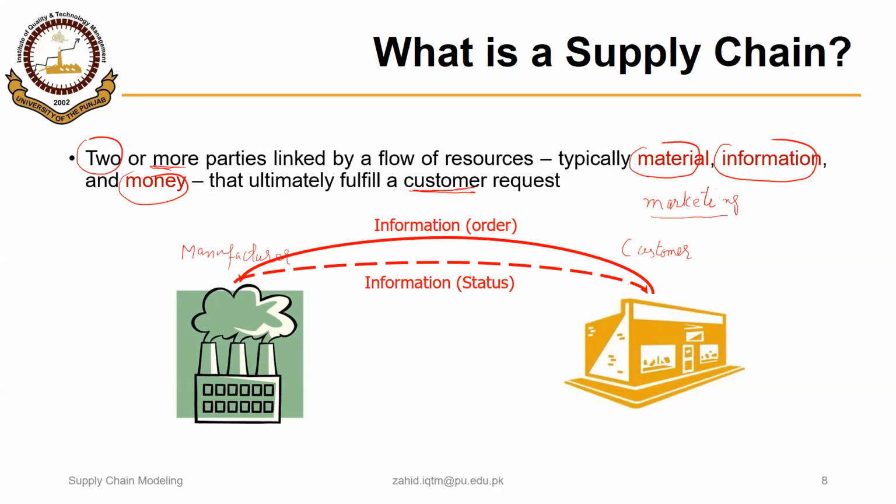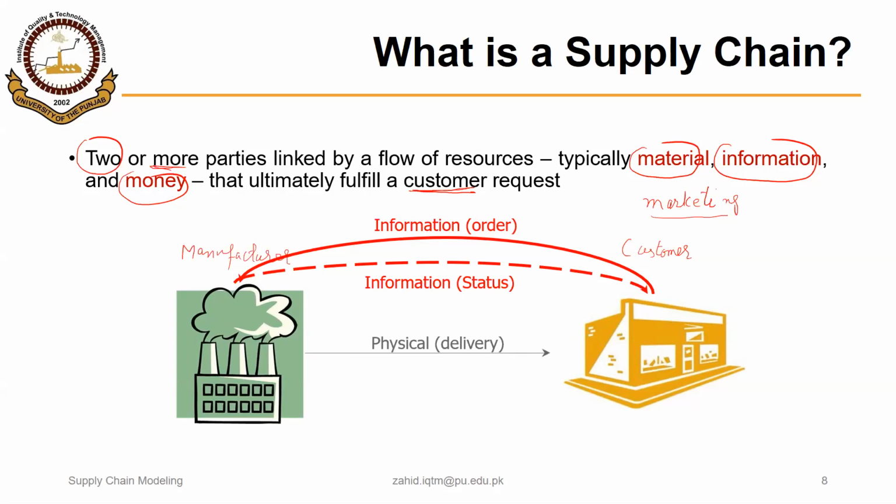It depends upon the situation whether the information flow starts with the customer or the manufacturer. But of course, it is not one way, it is two-way. And in general settings, for a standard product, it generally starts with the customer, and then there is to and fro flow of information.